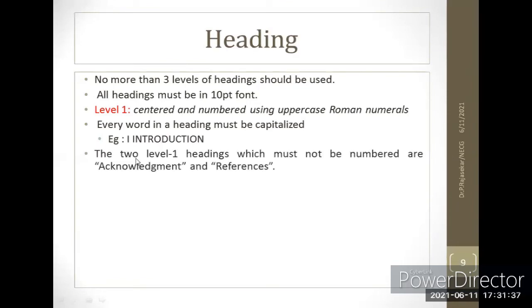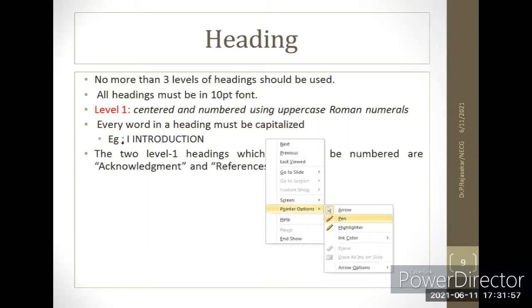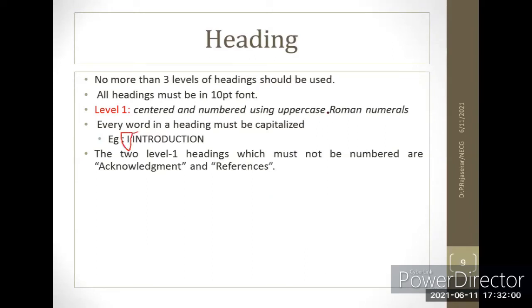Your acknowledgement and references should not be numbered. Introduction, literature survey, proposed work, simulation and results, conclusion: everything you should number with Roman numerals, 1, then 2, then 3, then 4, like that.